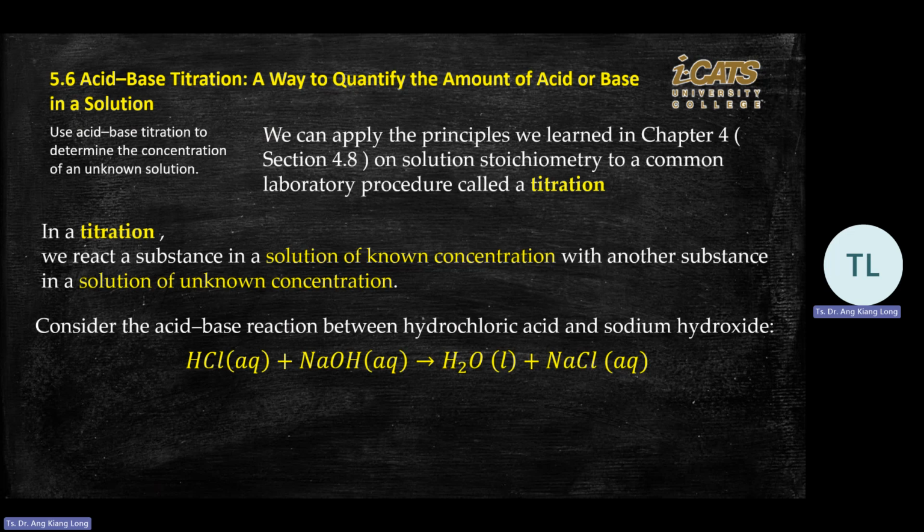So you write water, bracket liquid, plus the salt. Basically, from HCl, the H will become water. The Cl will combine with the Na, the positive ion of the alkali.